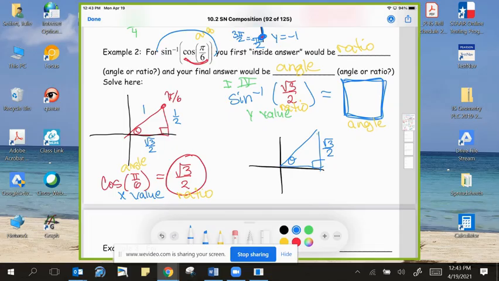What kind of triangle is that? It is a 30, 60, 90. What is that reference angle? What is that theta? It's across from a root 3/2, so it would be 60 degrees.